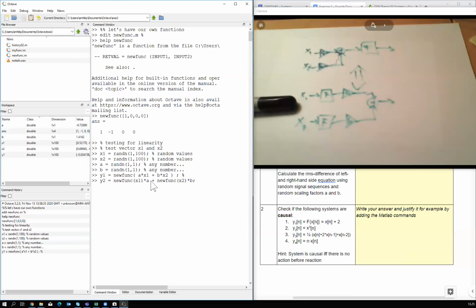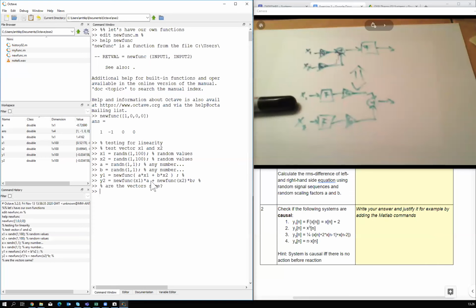So this is the other side of the equation. Now we need to check if these are the same. That's the question, and how to calculate it?